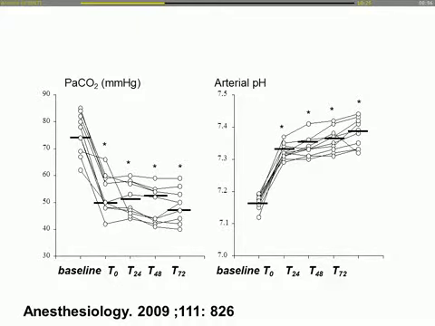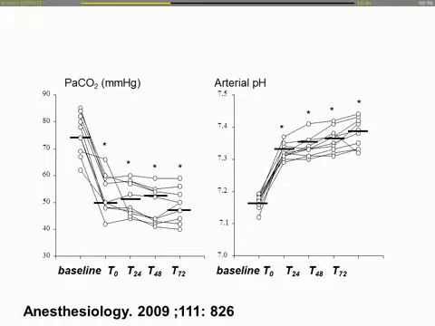Another 10 years, and Marco Ranieri published his study on ultra-protective ventilation. We know that 6 milliliters per kilo is better than 12. What about 4 milliliters per kilo or 3 milliliters per kilo?